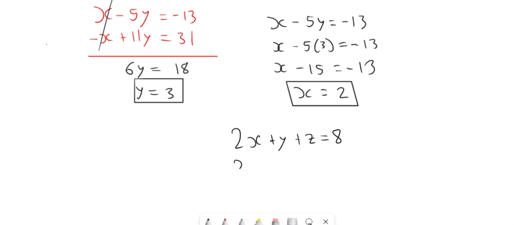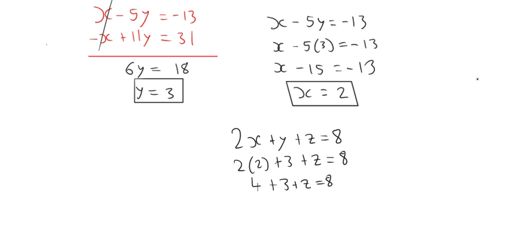I'm going to put a 2 in, so 2 times 2 plus y, we know y is 3. So plus 3 plus z is equal to 8. 2 times 2 is 4, plus 3 plus z is equal to 8. 4 plus 3 is 7, plus z is equal to 8. And I can bring across the 7 and subtract it, and we get z is equal to 1.